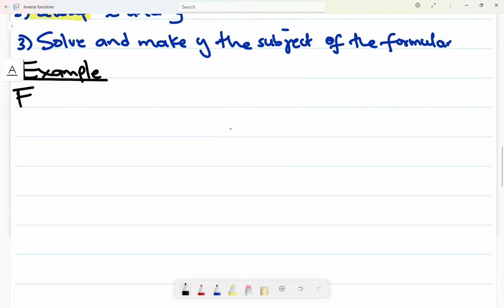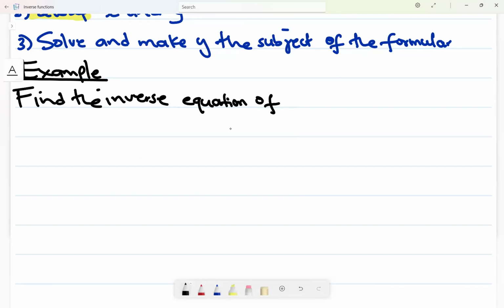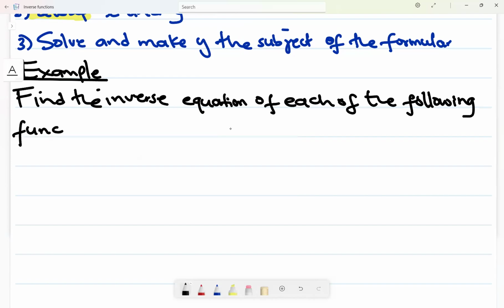Our instruction says: find the inverse equation of each of the following functions, right?